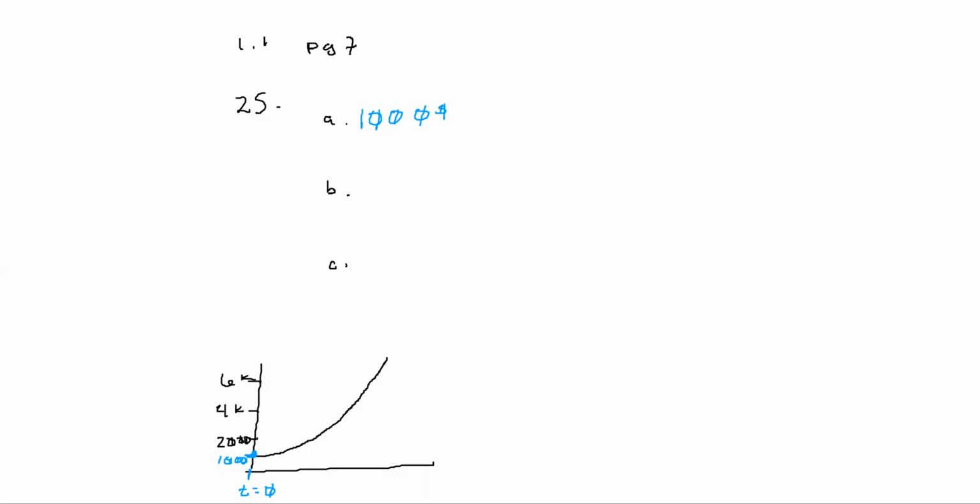So f of 10, so we're going to say that t is equal to 10. That's going to be right here-ish, and it's going to be right here. So we're saying that t is equal to 10. So that's 10 years, and we're trying to find the balance at 10 years.